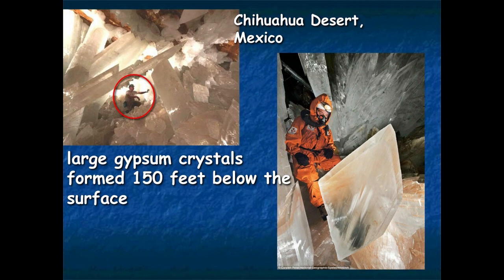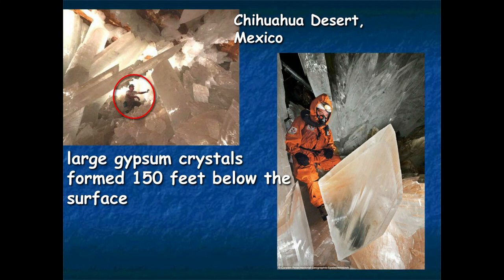Basically, in this area of Mexico, folks were drilling, I believe for groundwater, and as they were drilling down through the surface of the earth, they got 150 feet below the surface and actually encountered a huge cavern. And once they learned that there was a cavern down there, they structured it so folks can go down and be inside that cavern and take a look.